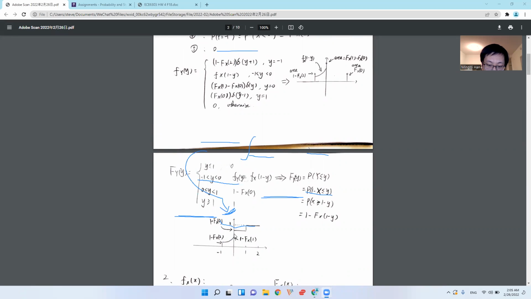There's a jump at this location, and it will jump to 1 minus F_X(1), because beyond that there's another jump which will complete that to be equal to 1, and for that it is 1 minus F_X(0). And that is everything that's needed to solve this question.